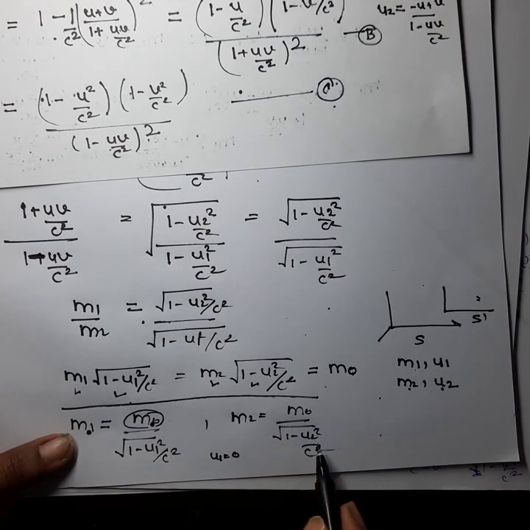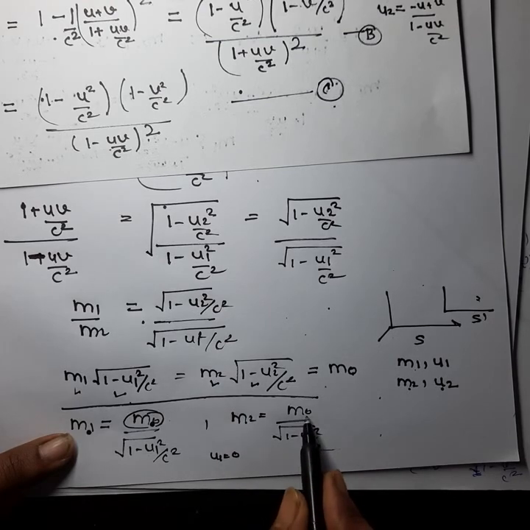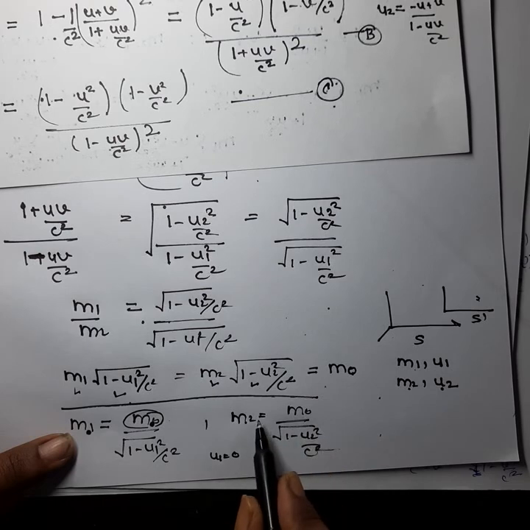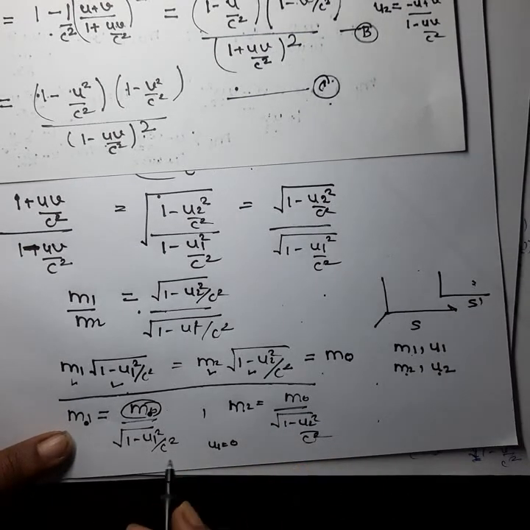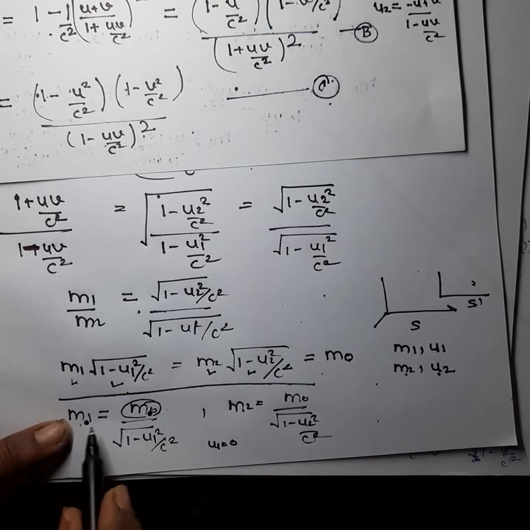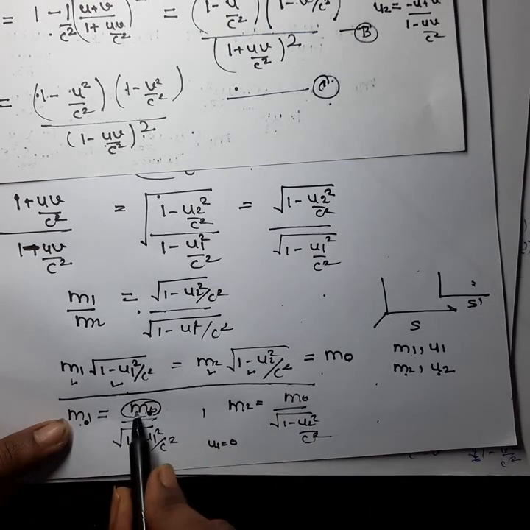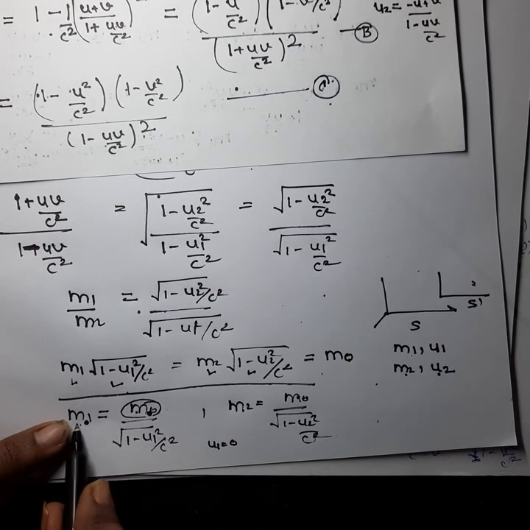Similarly for mass m2, if its velocity u2 is 0, then m2 is equal to m0. So m0 is the rest mass of m1 and m2. Since they are moving with different velocities, their mass is different. The rest mass is the same, but when their velocities are different, their mass is different.